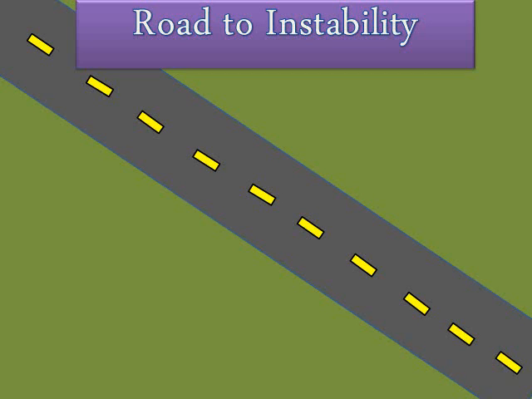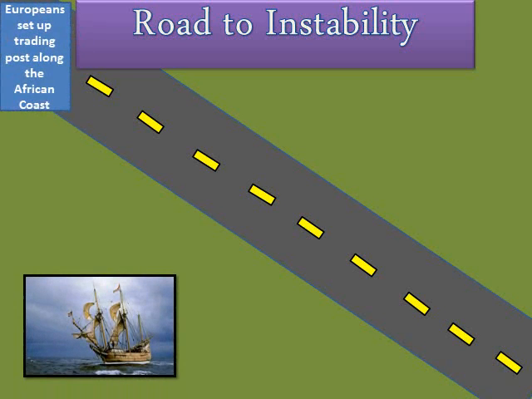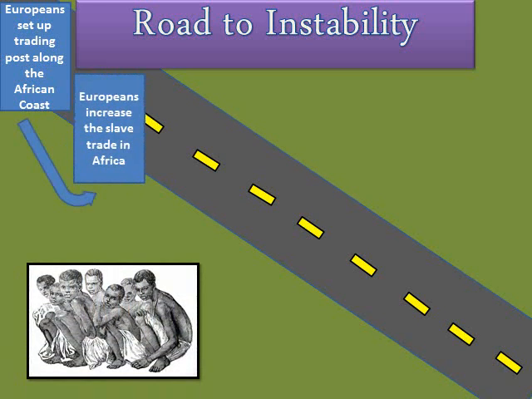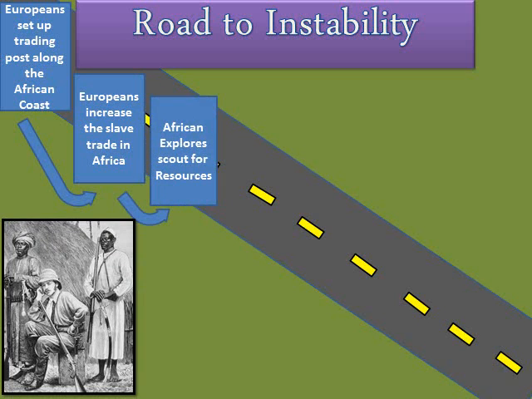I call this little graphic Road to Instability. You can see it started off with the Europeans setting up trading posts along the African coast. Then the Europeans increased the slave trade in Africa. European explorers started to scout for resources.